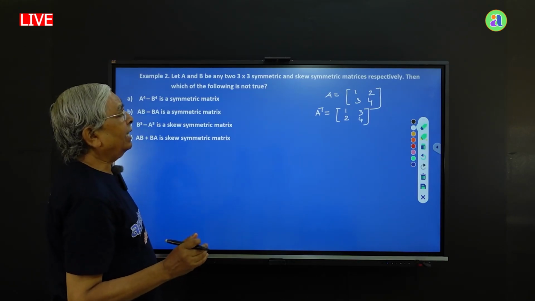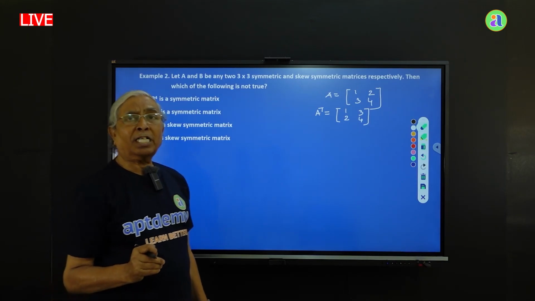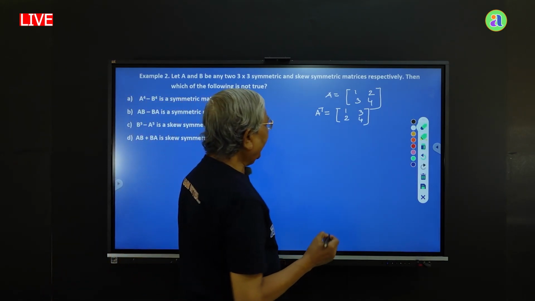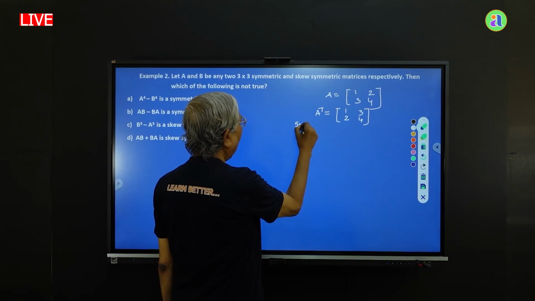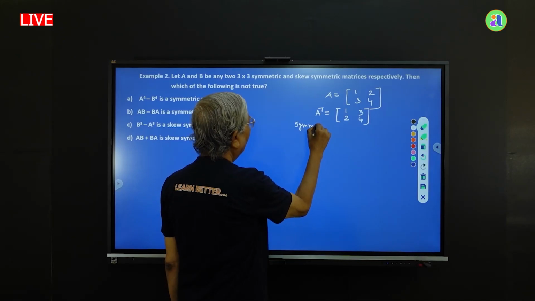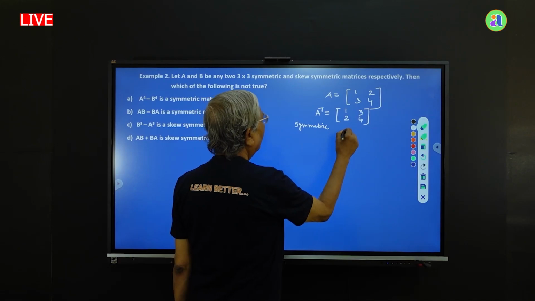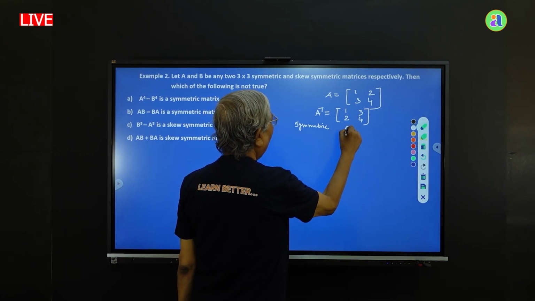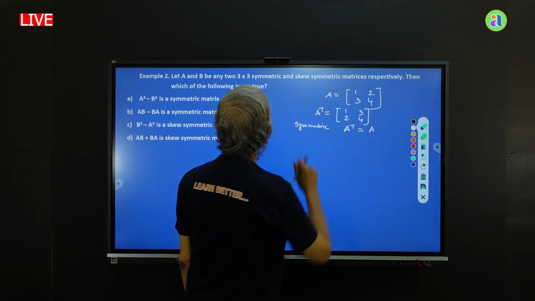Now, what do you mean by symmetric matrix? First, we define what do you mean by symmetric matrix. Matrix A is said to be symmetric if A transpose equals to A. Here, what you are given?